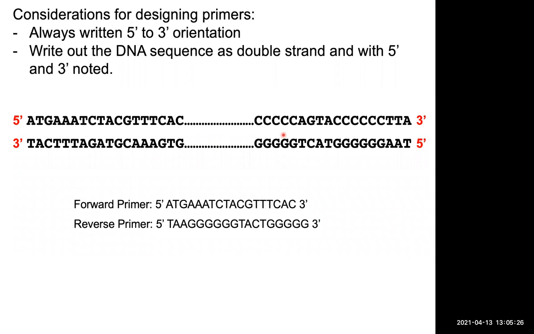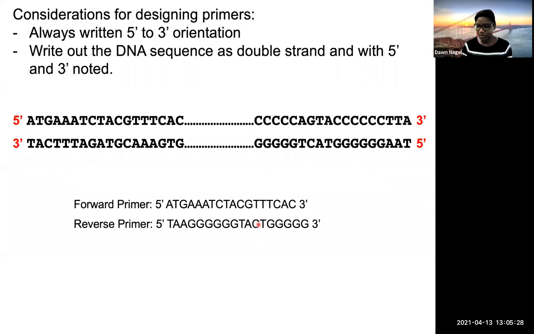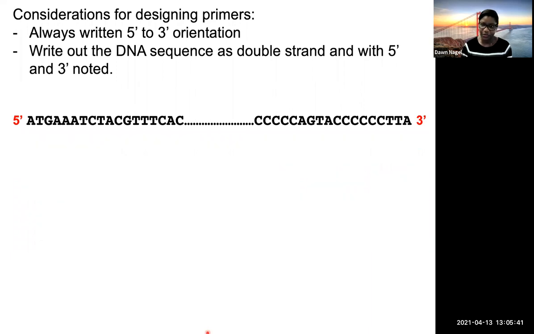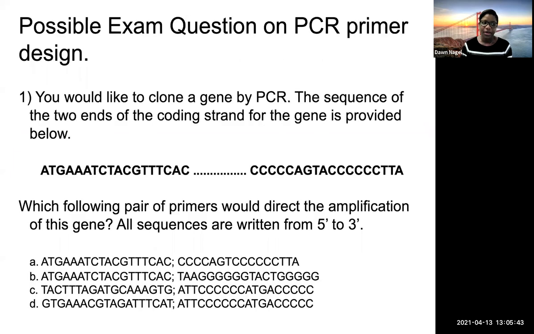Okay. And someone mentioned the coding versus the template strand. It doesn't really matter whether it's the coding. If the question specifically asks, like in this question, at the time when I wrote this question, we assume this is the coding strand, because a coding strand just means it's the gene, and a gene starts with ATG and ends with a stop codon.